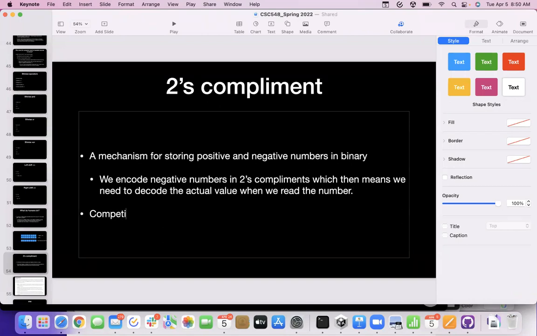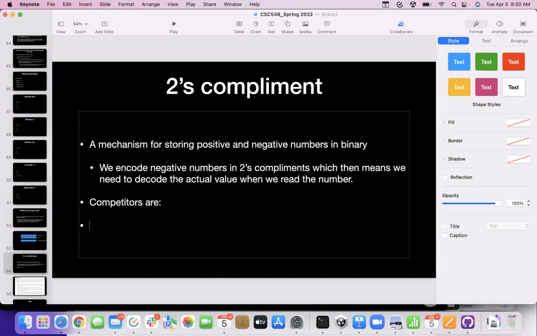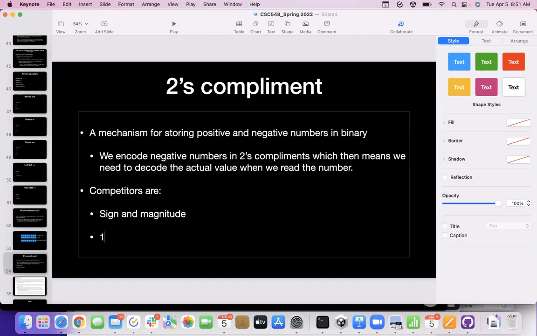Competitors to this are sign magnitude, as well as 1's complement.